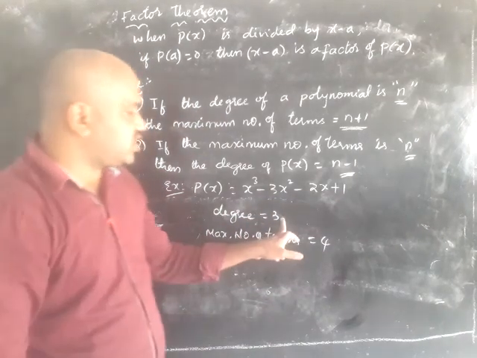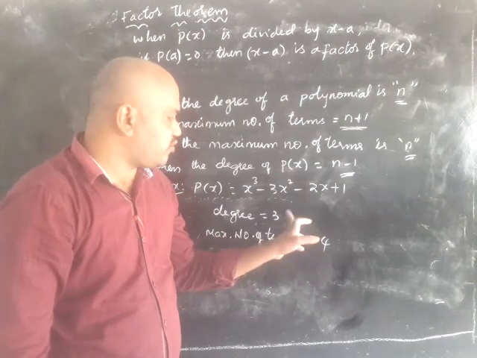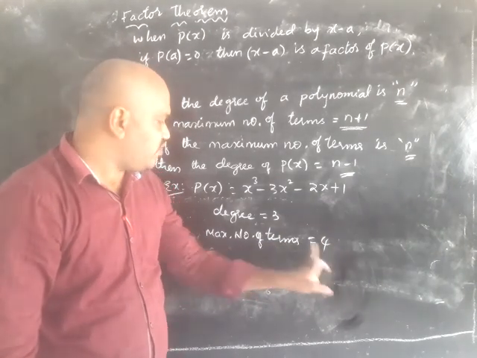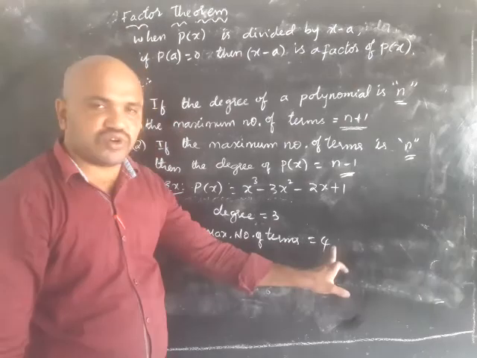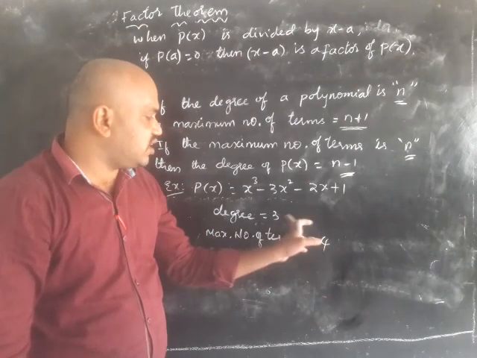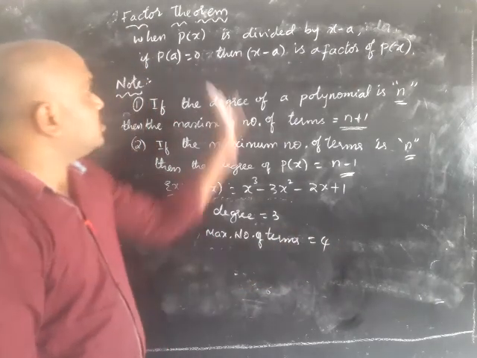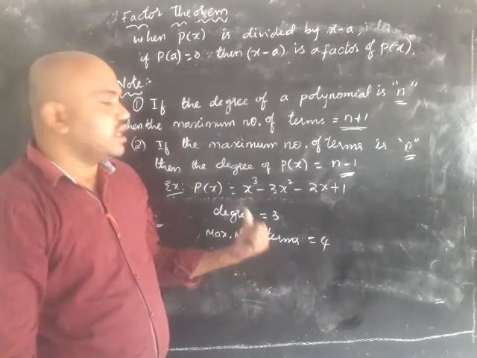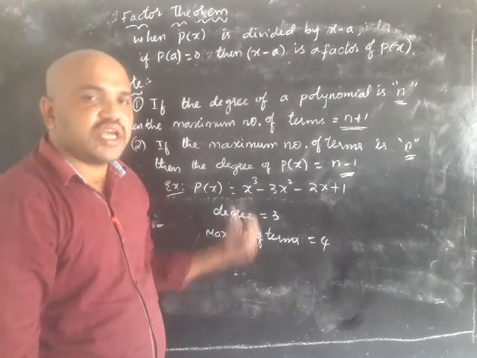So here the degree is 3 and the maximum number of terms is 4, which is 1 more than the degree. And if the maximum number of terms is 4, then the degree is 1 less than the maximum number of terms. So this is about today's topic, and the remaining topic we will discuss in our next class.